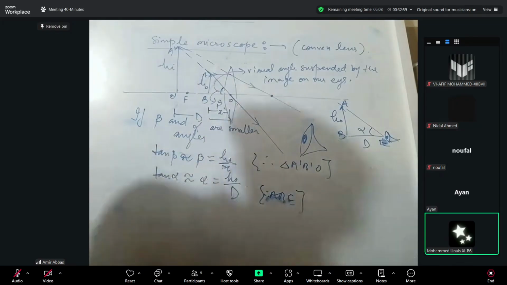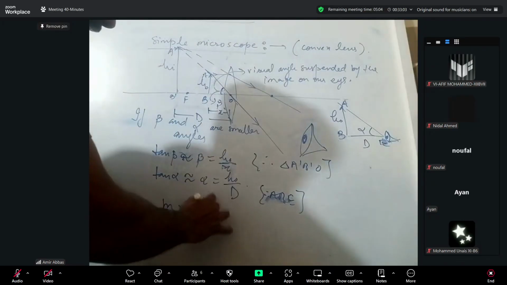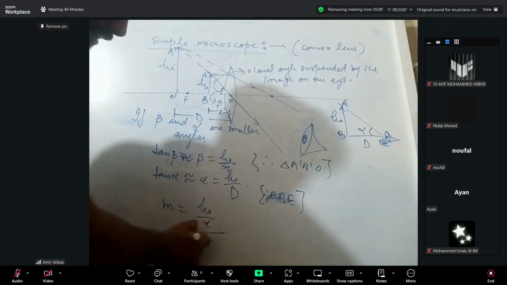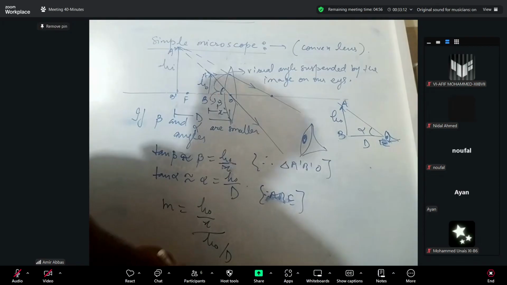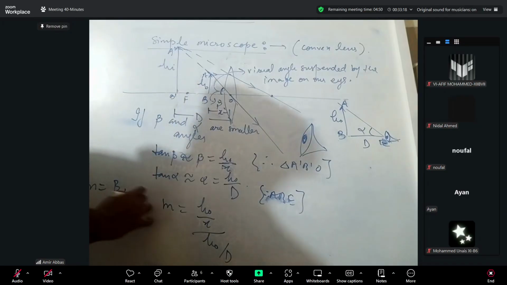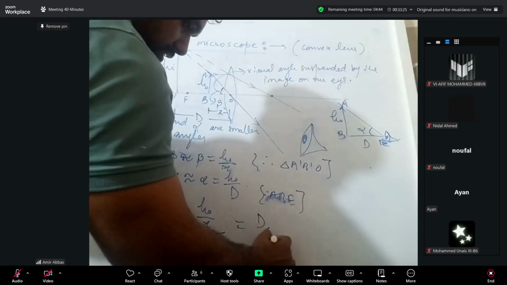Okay, so now what will the magnification come out to be? M equals h naught x, that is beta, upon h naught D, that is alpha. Magnification M equals beta by alpha, and from here we can write D over x.